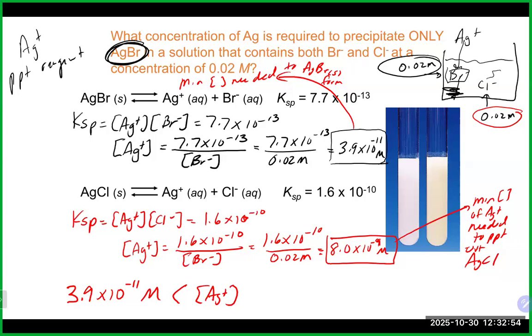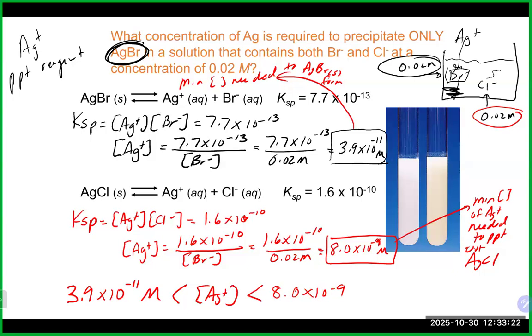And I can feel very confident that the precipitate that is forming is silver bromide. And that is because in order to get silver chloride to precipitate out, you need a silver concentration greater than 8.0 times 10 to the minus 9. So you need a silver concentration that is greater than that number.